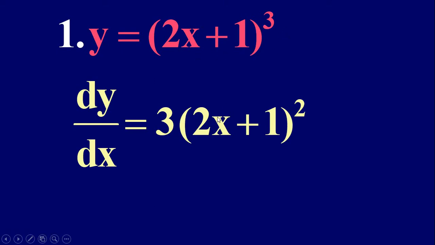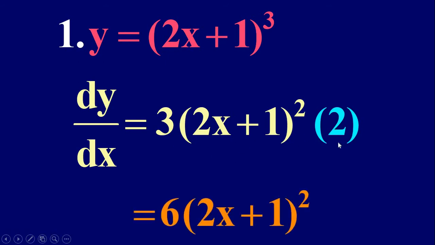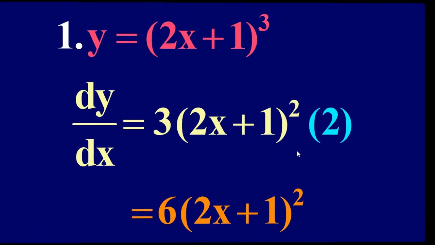In place of x we have 2x plus 1, so differentiate 2x plus 1 again. 2x plus 1 differentiation is 2. So you write into 2. Next you have to multiply these two. 3 into 2 is 6. It is 6 into 2x plus 1 whole square.